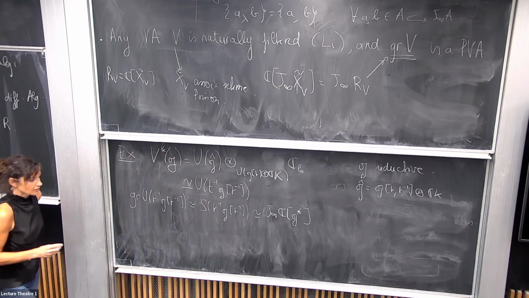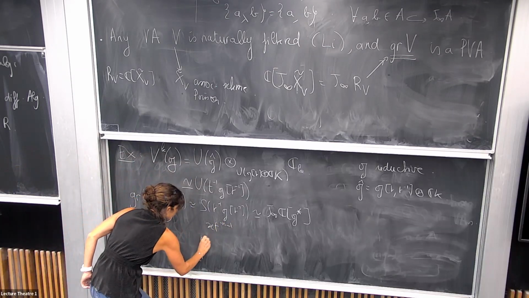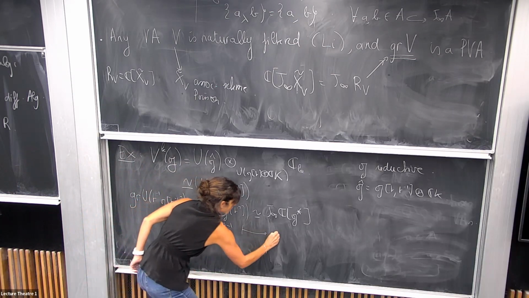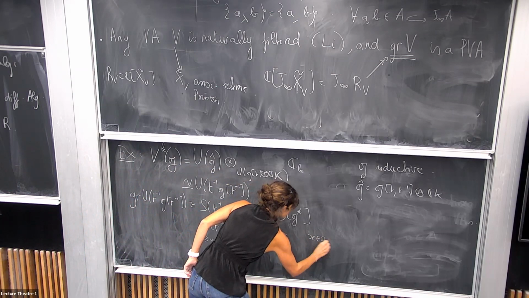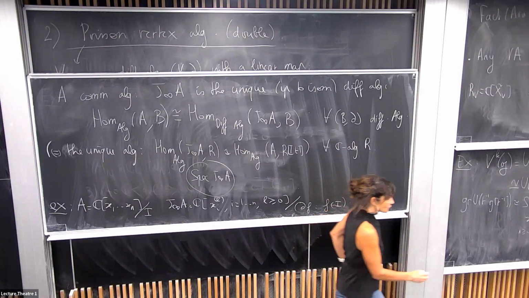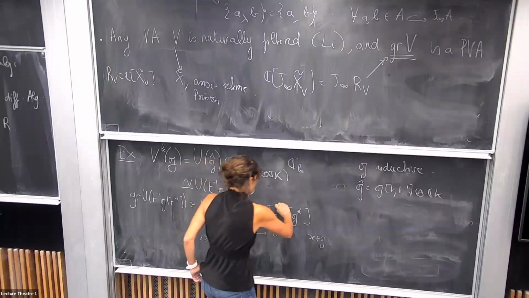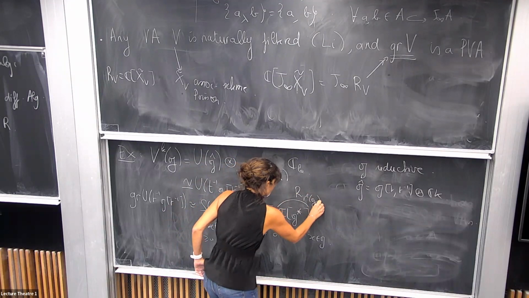All right? So here you associate an element like this for positive n. You associate the derivative of x for x in g that you view as an element here. All right? So, and if you remember in Tomoyuki's talks, this is exactly the Zhu C_2 algebra of this algebra.